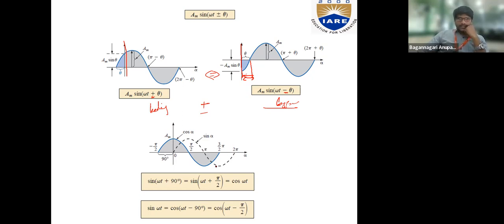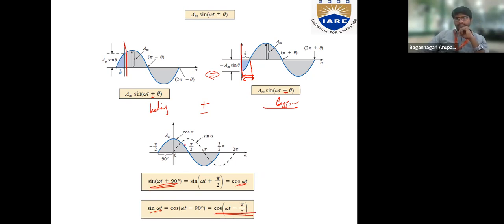There is a simple representation here. A sinusoidal waveform which has a 90 degrees leading characteristic is equal to a cos wave. Simple as that. Or the same sine quantity can be represented as cos omega t minus 90. Both are one and the same.